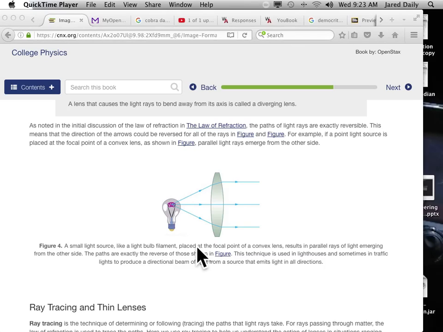Now the interesting thing is that if you put a light bulb at the focus of a focusing lens, you can kind of think of it as the opposite. You have light that's coming out, but since the light is so close to the focal point, or so close to the lens, it actually is not coming in parallel. It's coming out in a radial fashion like light does from the source, and then the lens will focus it. So if you put the source at the focus, you get this opposite effect, and that's what happens with this projector.